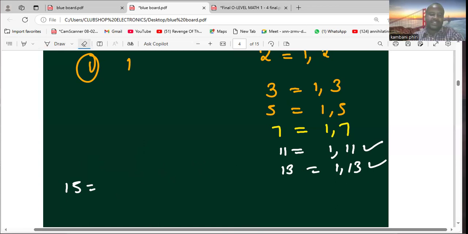From these illustrations, we can now put up the definition of a prime number.